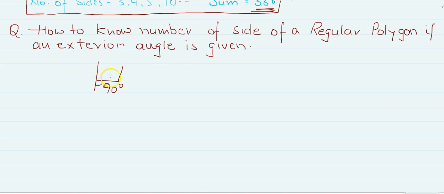So how many sides does this polygon have? We know that the sum of all the exterior angles of a polygon is 360 and one angle is 90 degrees. So this polygon has 4 sides.